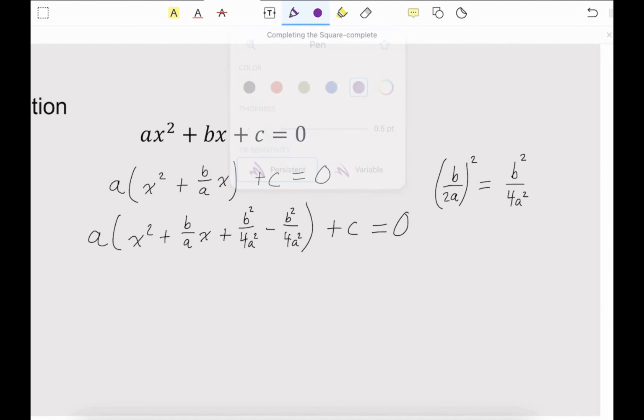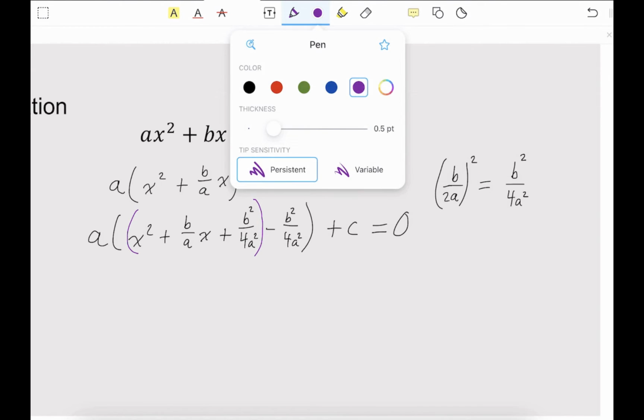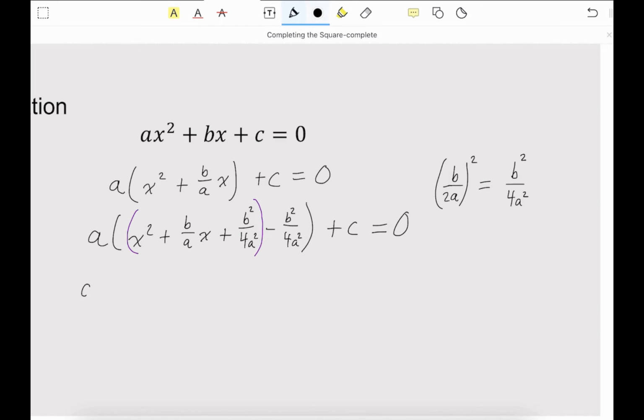Now, right here, we can factor this. And I'll rewrite this as, in parentheses, x plus b over 2a, that whole thing squared.